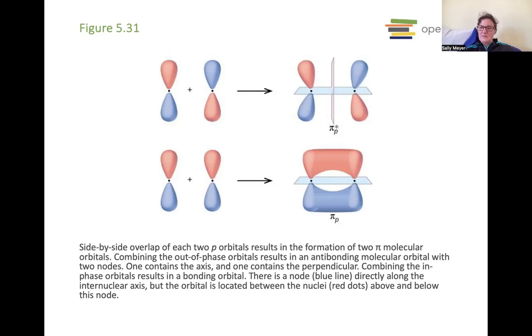So it's anti-bonding. It's not helping to hold the molecule together. Whereas in the bottom picture, even though the red and the blue lobes on the far right lower part are above and below, they're still between the nuclei. So you still have probability of finding the electrons between the nuclei. And so that's a pi bond. It's a bonding orbital.